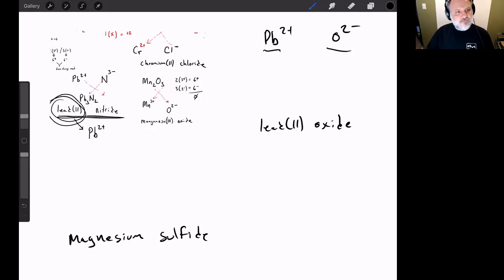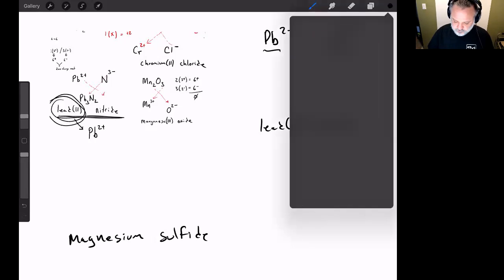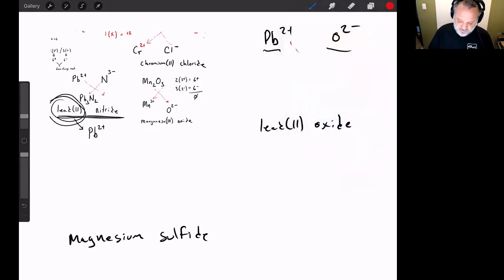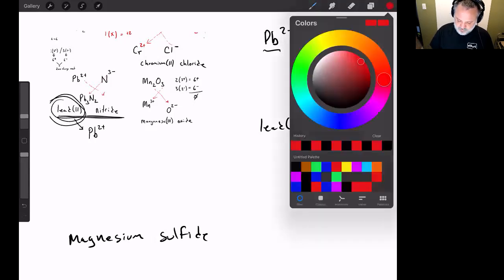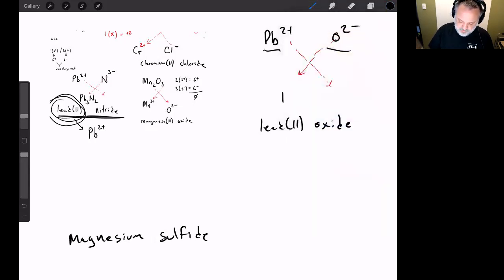What's the formula? Well, cross-down would say, I'm going to cross down that, I'm going to cross down that, and I'm going to write Pb2O2. Is this the formula for lead 2 oxide? Diana doesn't agree with me.